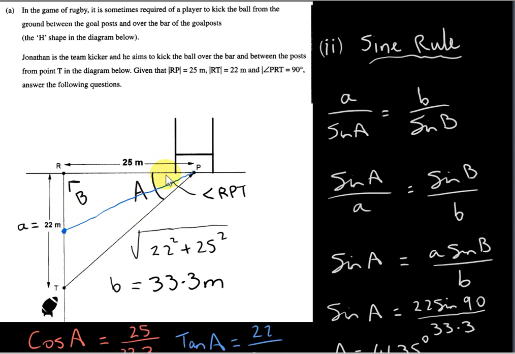However, if he kicks the ball from here, then you see he's got a smaller distance on either side of this line. And of course, if he gets even closer, even though he has to kick the ball a shorter distance, he's got a much tighter angle. So it's a matter of opinion really.